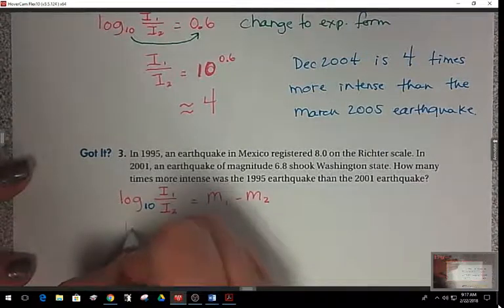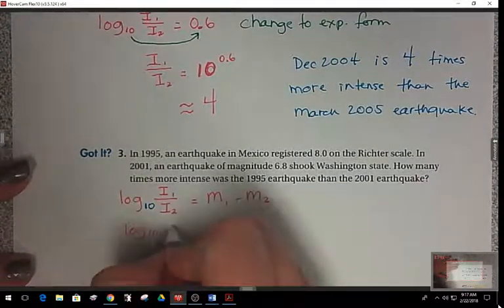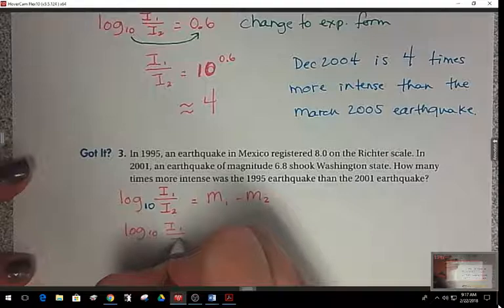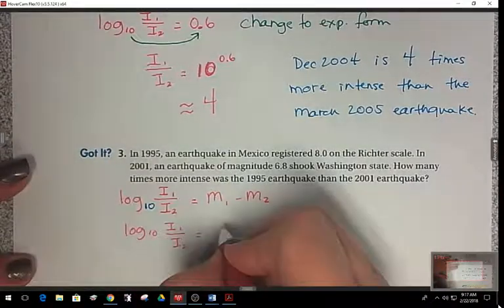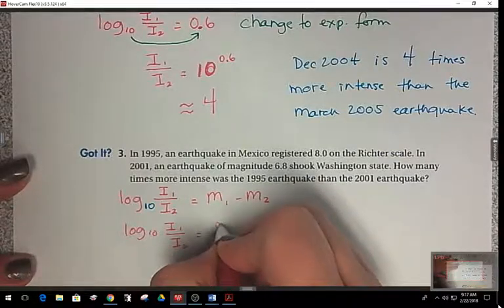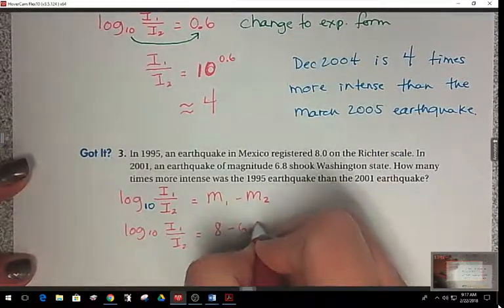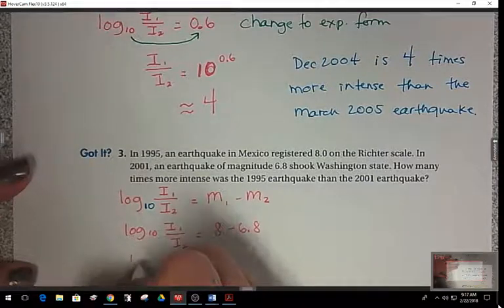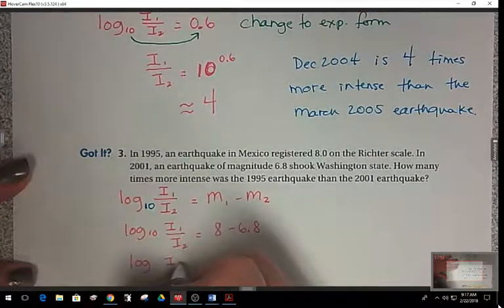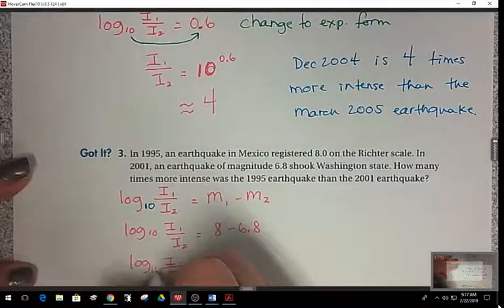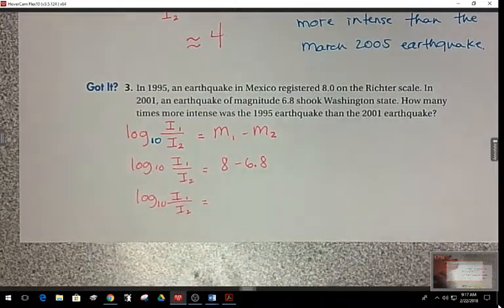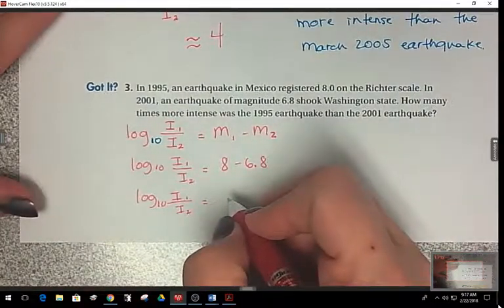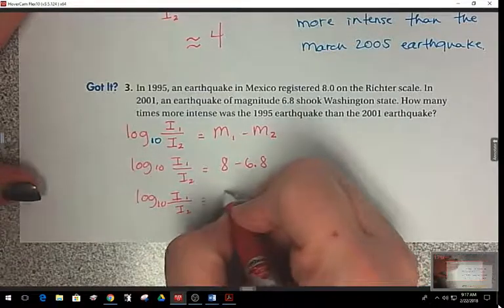All right, so what I'm going to do is start plugging things in. And so now when I subtract 8 minus 6.8, that's going to give me 1.2.